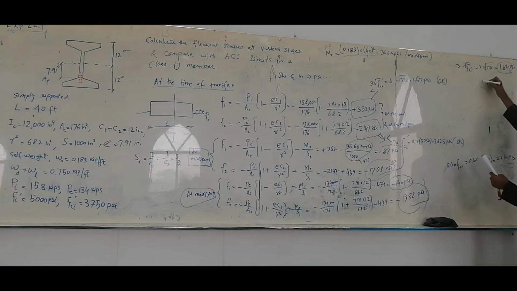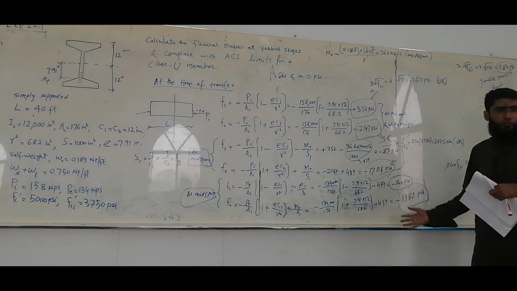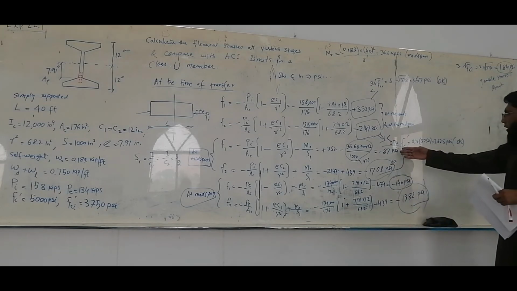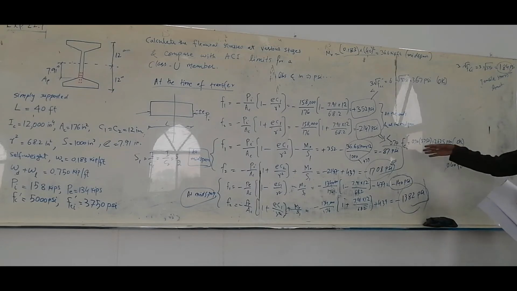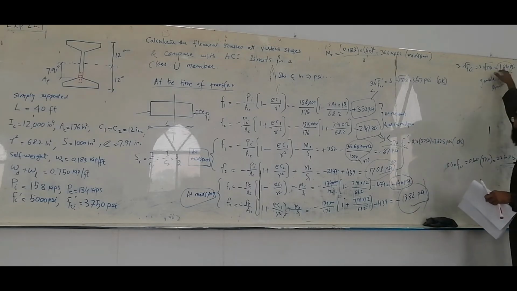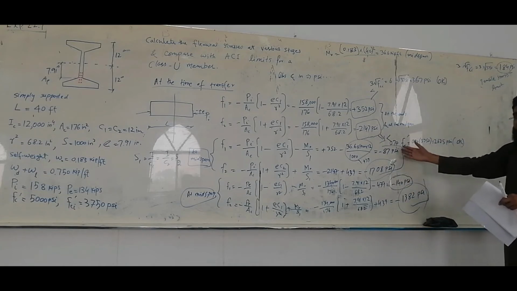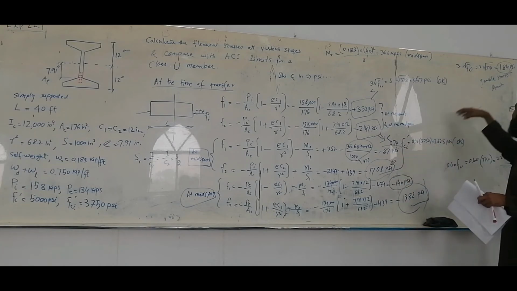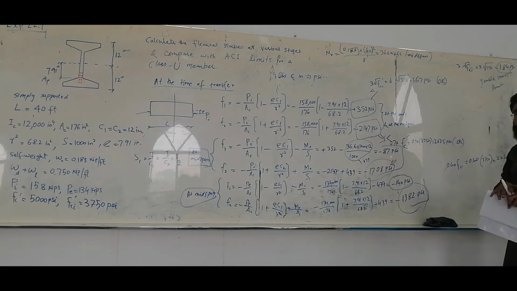This is the tensile stress limit at midspan for a simply supported beam. We have compressive stresses all over, so it's not going to be a problem. If it were tensile, it should not exceed this level, 184 psi.